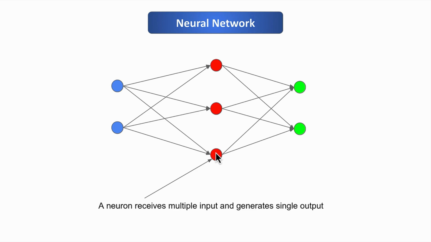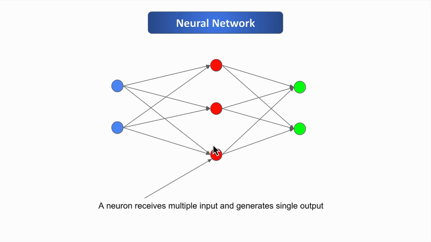There you can see this red circle, representing a neuron, and it will take two values as input which will come from these two neurons, and then it will calculate a single value which will be the output, and that output will be passed to the next neurons. So the output of this neuron will be passed to this neuron and this one. But the output value generated here will be the same for this neuron and also for this neuron. So that's why we say that a neuron receives multiple inputs and generates a single output.